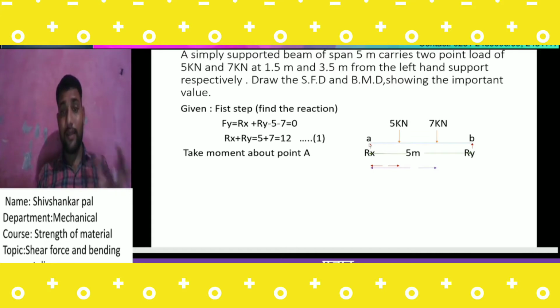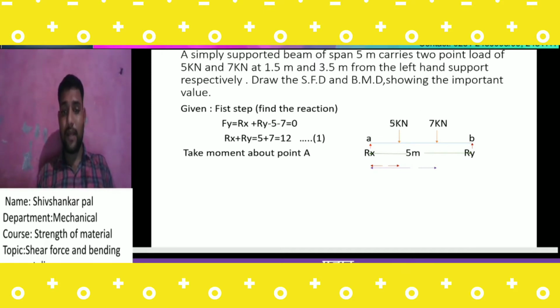In these two supports, from the left hand support at a distance of 1.5 meters acts our first point load, and the second load is at 3.5 meters from our left hand support.